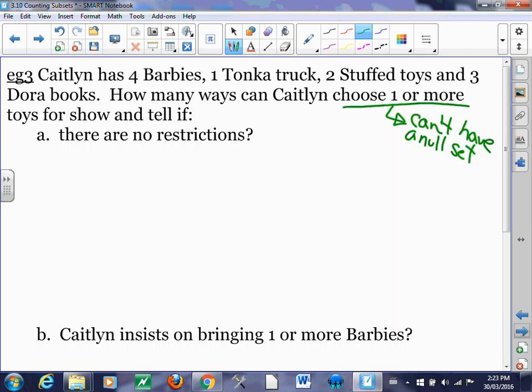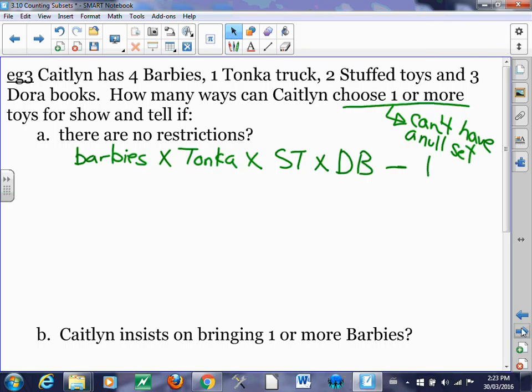So if there's no restrictions, we're going to say Barbies times the Tonka truck times the stuffed toy, ST, times the Dora books, DB. But I'm also going to subtract 1 because, folks, we can't have the null set. So how many different ways?